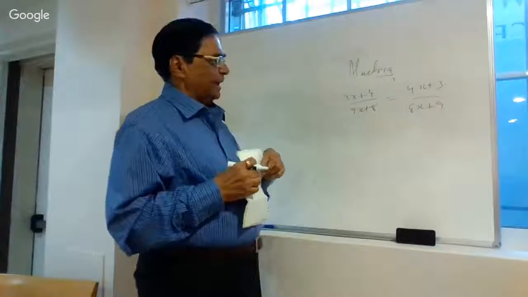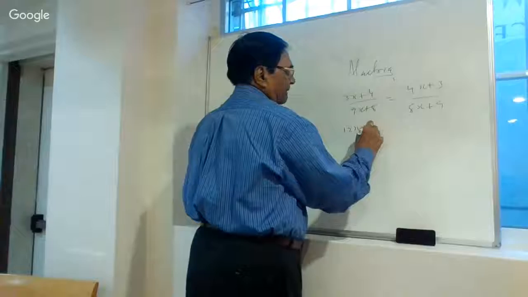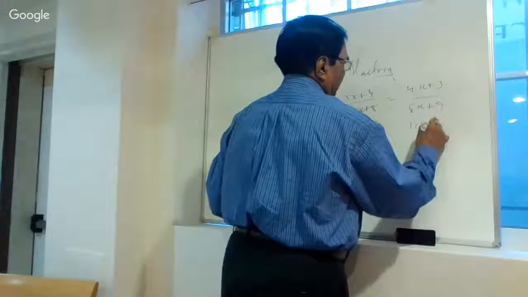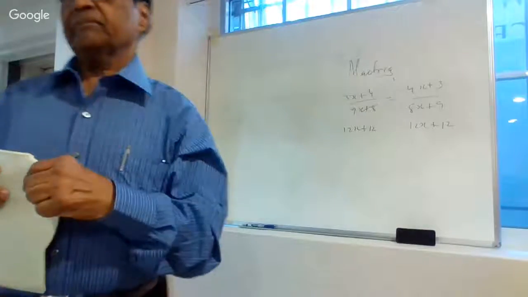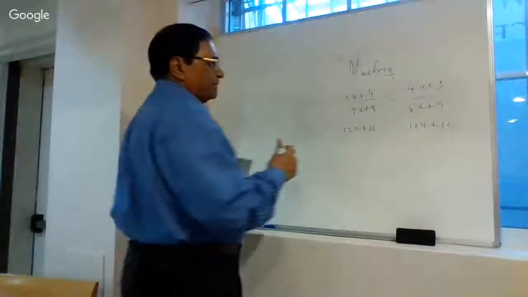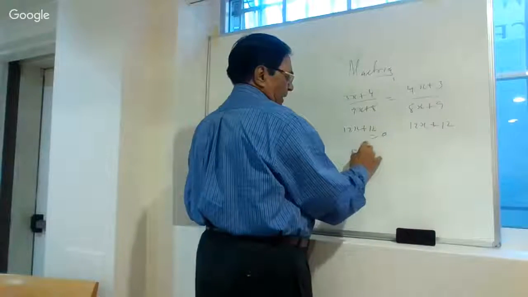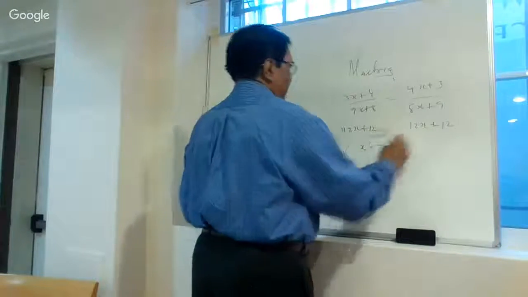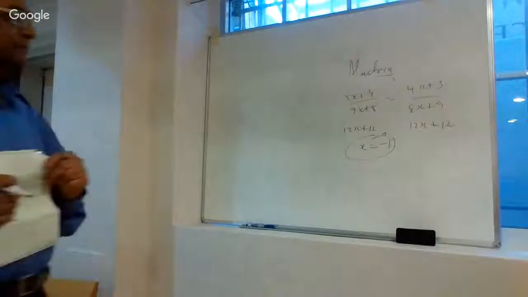Go on adding, you are getting, see here, this is 12x plus 12. Here also 12x plus 12. You can see both are same. You can get x plus 1 is equal to 0, x is equal to minus 1 is the answer. Without solving directly, you can get the answer.